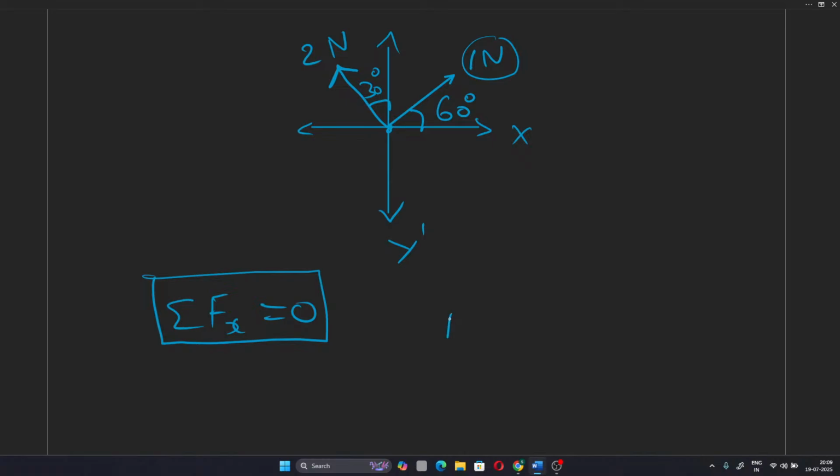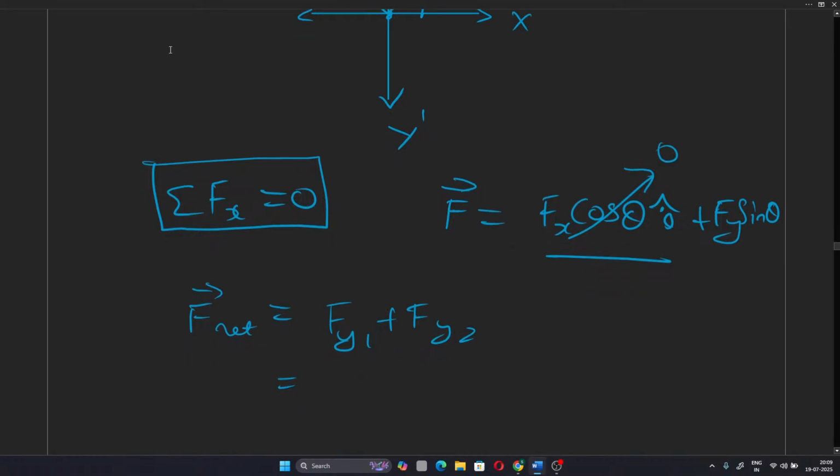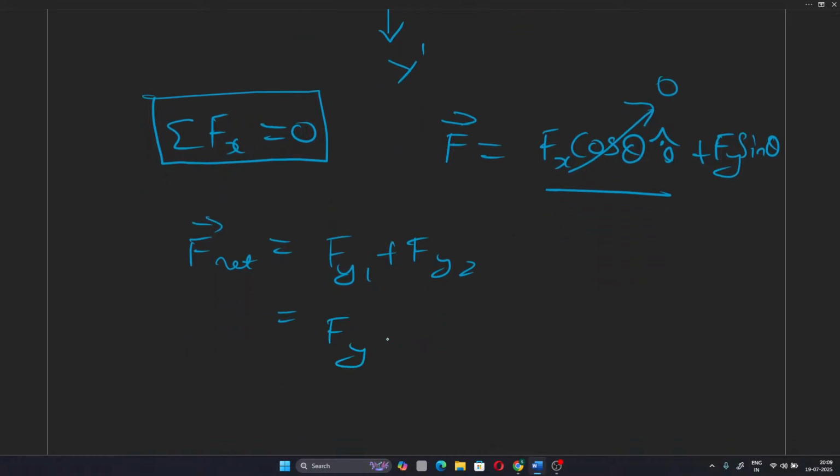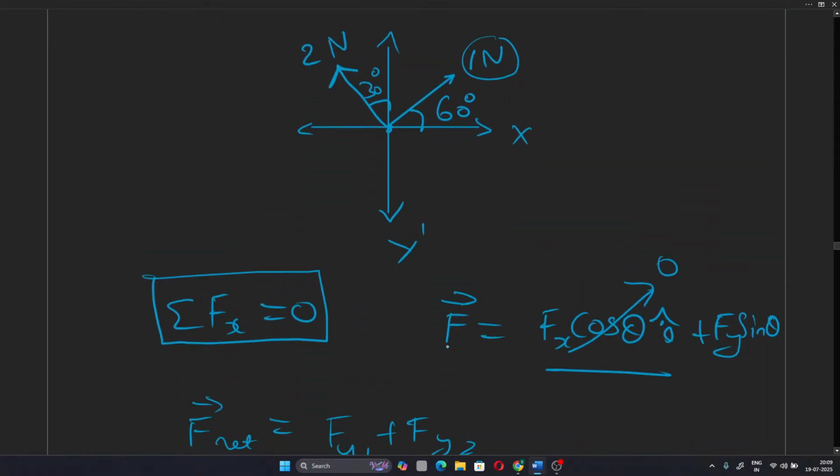The question is based on F vector equals Fx cos theta i cap plus Fy sine theta j cap. Since Fx cos theta is 0, let's add. F net will be equal to Fy1 plus Fy2, I think. Now Fy sine 60 degree.